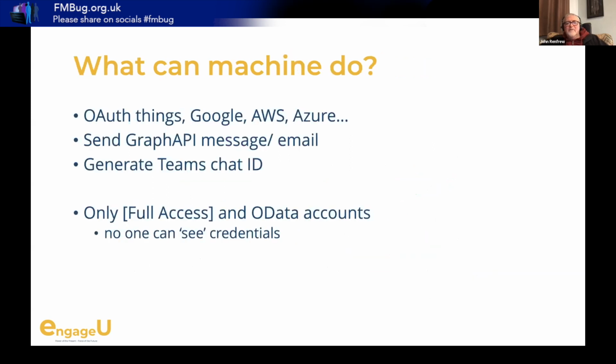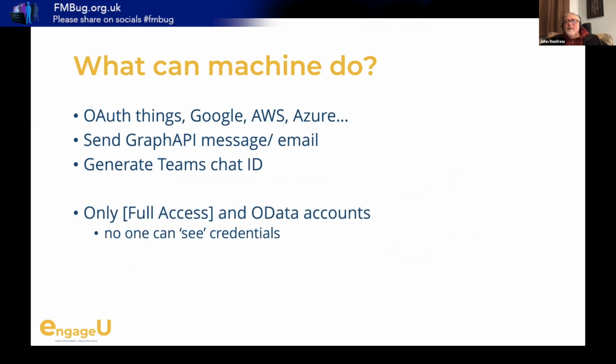The kind of things that could be done in the middle are OAuth kind of things, talking to things like Google, AWS, Azure that need your OAuth credentials, stuff like sending Microsoft Graph API messages and emails, because we're beginning to move away from SMTP emails.